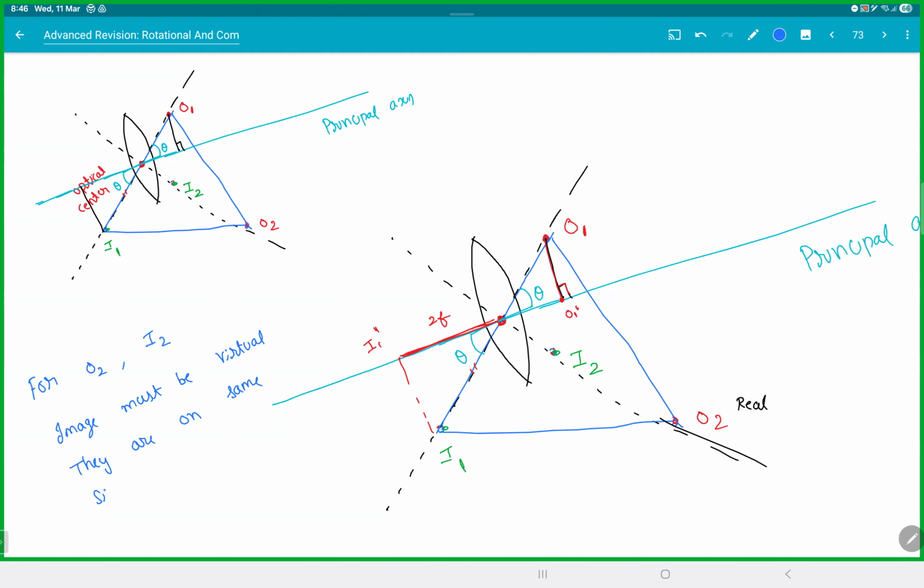And if it is virtual, the distance PI2 must be greater than PO2. So this is a wrong scenario. This is wrong. O2 is the problem. So this case doesn't work.